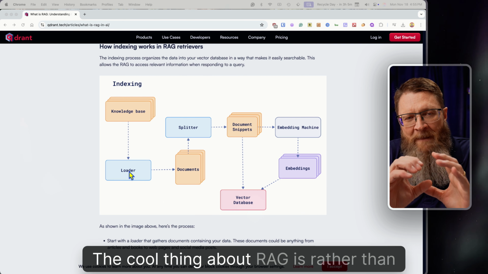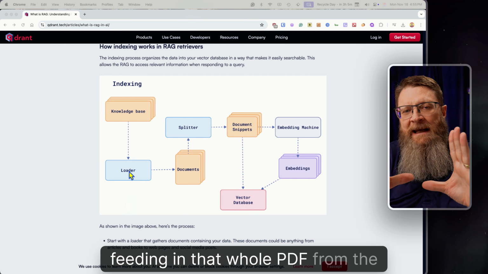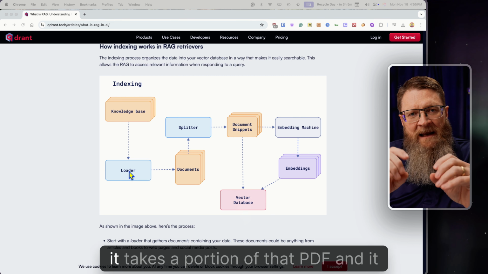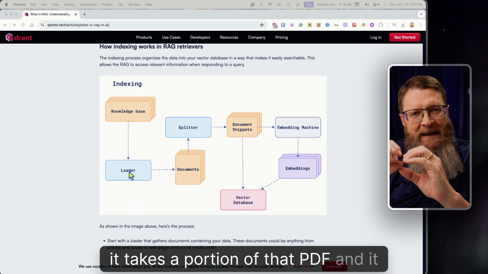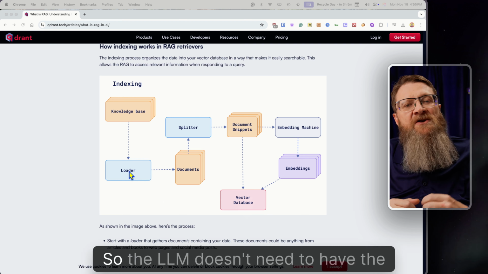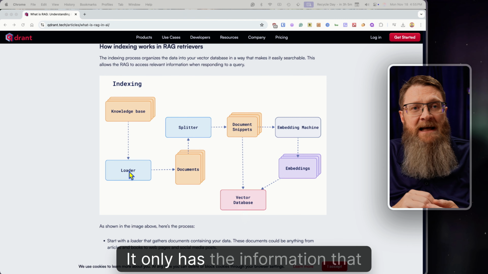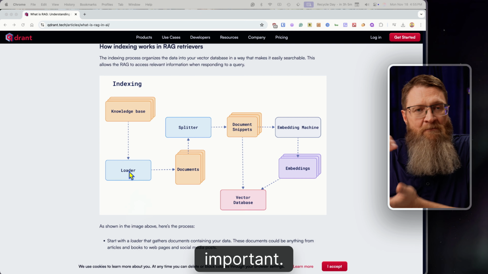The cool thing about RAG is, rather than feeding in that whole PDF from the agenda, it takes a portion of that PDF and extracts that to the LLM. So the LLM doesn't need to have the entire document in memory. It only has the information that's important.